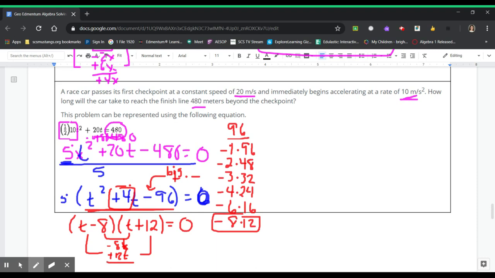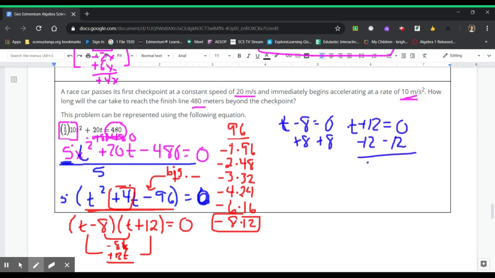So now all I need to do is to take those two terms, set them equal to 0, and solve. So t minus 8 is equal to 0, and then t plus 12 is equal to 0. So if I solve, add the 8 to both sides, subtract the 12 from both sides, t is going to be equal to negative 12, and then t is going to be equal to 8.